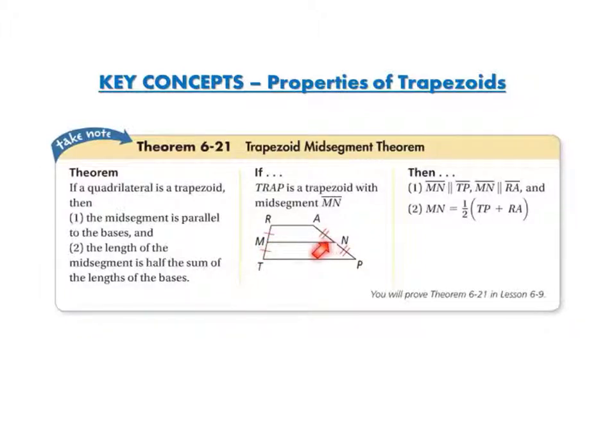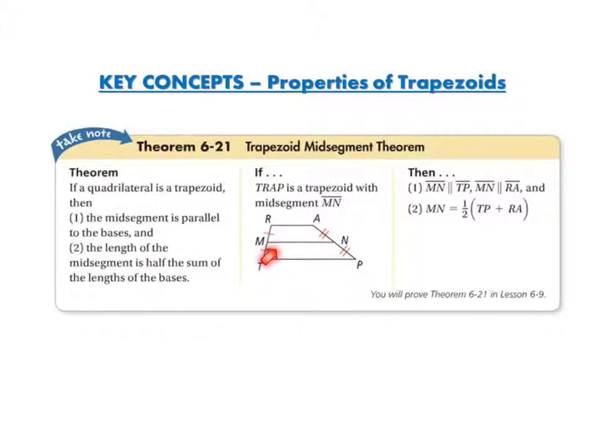Here's the midsegment. Now remember, a midsegment cuts the legs into two equal sections. And the midsegment, because it cuts it in half and it's parallel, it is half of the sum of the bases. So if you add the top base and the bottom base and you divide it by 2, you get the length of the midsegment.